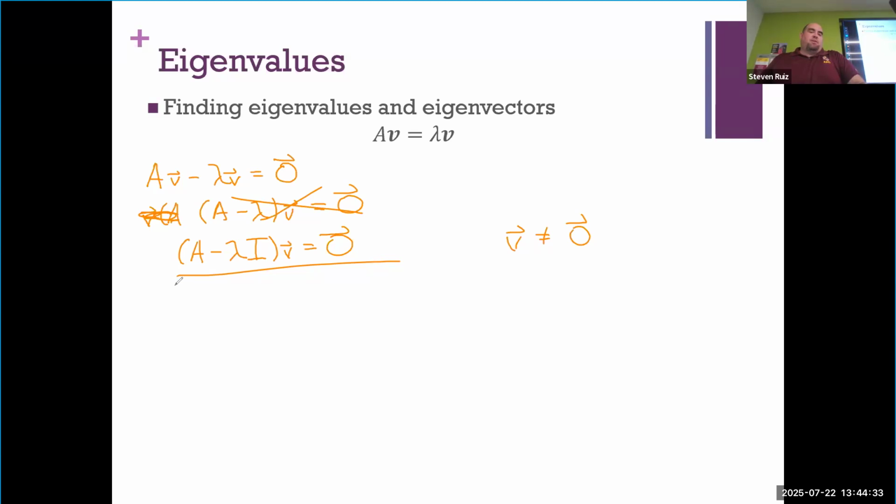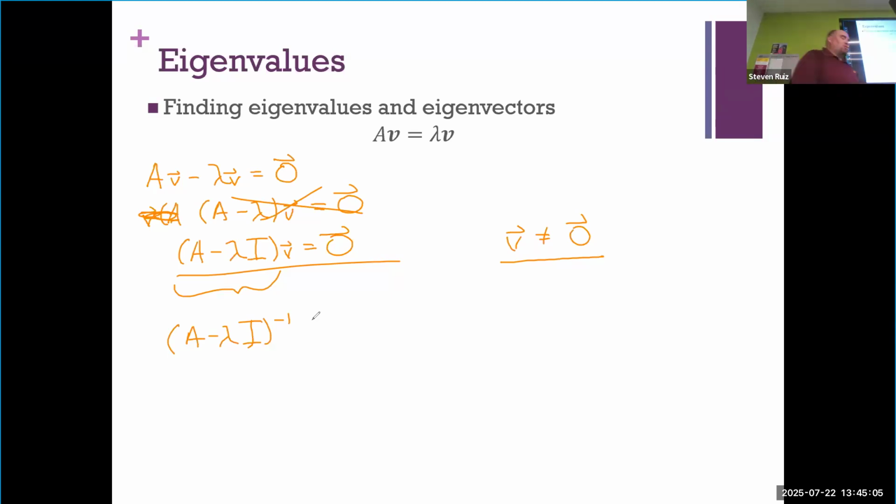The inverse of this one here. Let's think about that. So I want to look for the vectors that are not equal to zero that do this. If this A minus lambda I had an inverse, what does that mean?